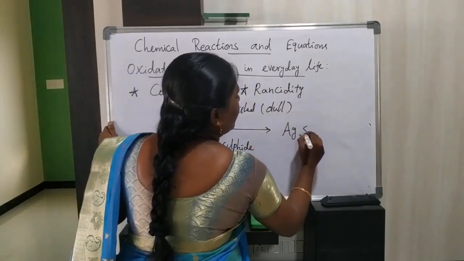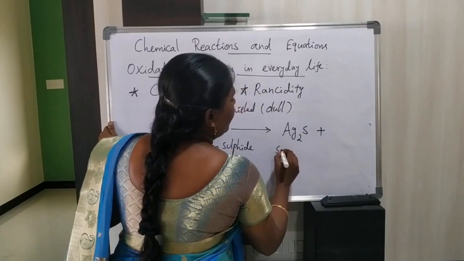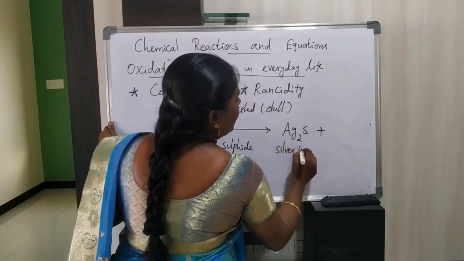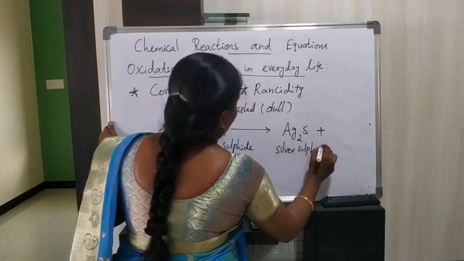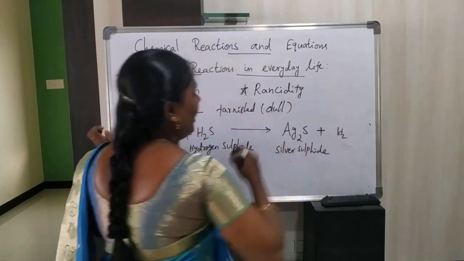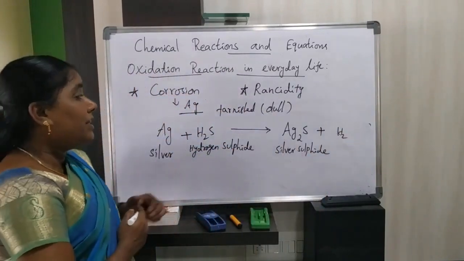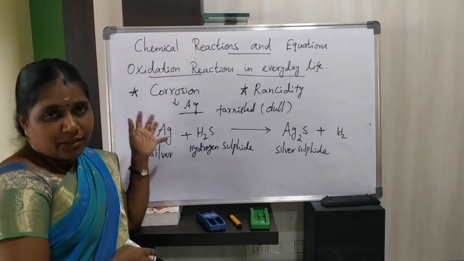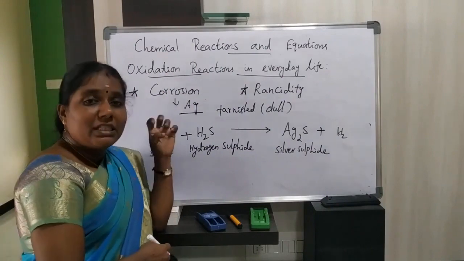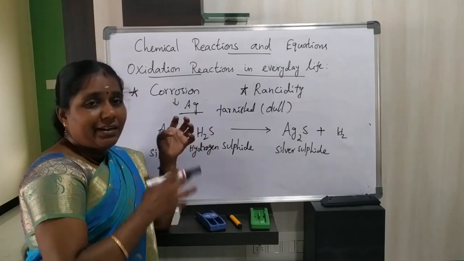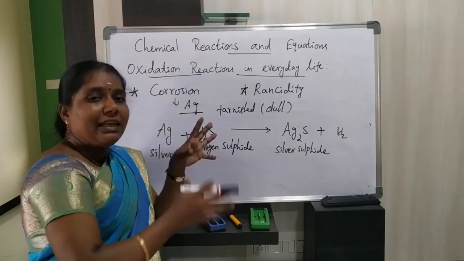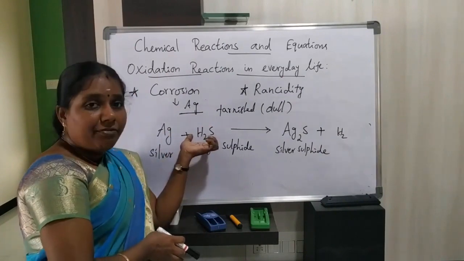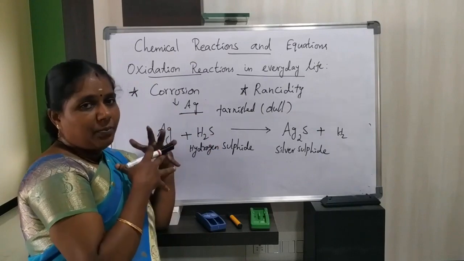Because of this reaction, it forms Ag2S, which is silver sulfide, and releases hydrogen. This is another example of corrosion, the corrosion of a silver article. See how silver articles get tarnished. They become dull due to the reaction of hydrogen sulfide gas present in our atmosphere.